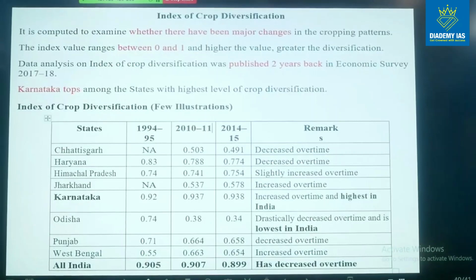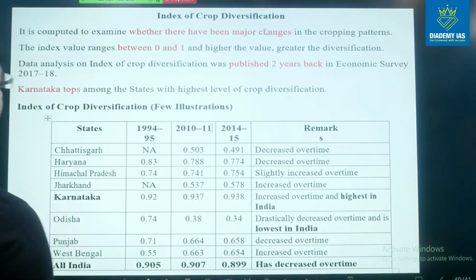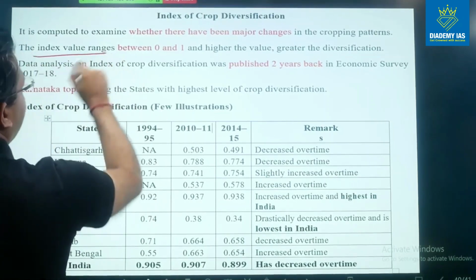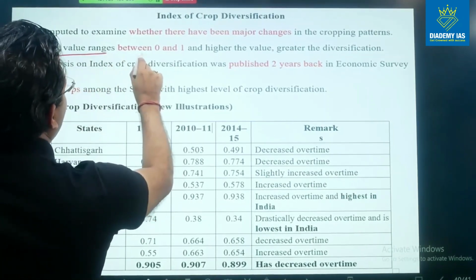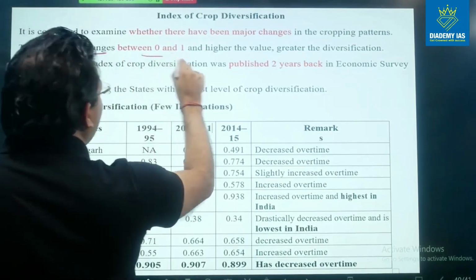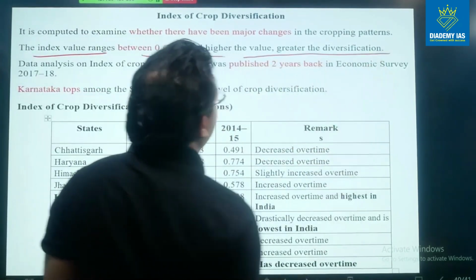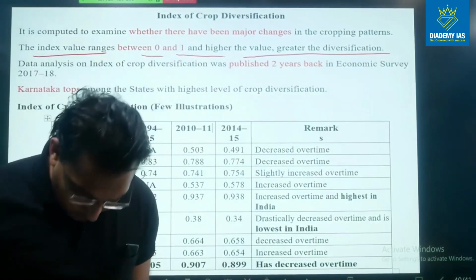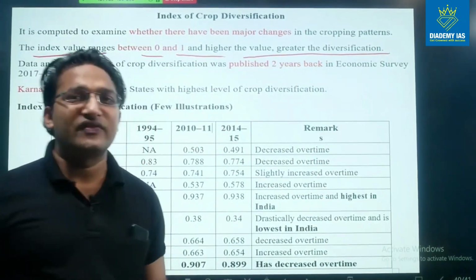Now also see this important index of crop diversification. This index of crop diversification was given by the Economic Survey of 17-18, and this index value indicates that if the value is high, that means there is high diversification of crop, right? So in India we have been facing the problem of poor diversification of crop.